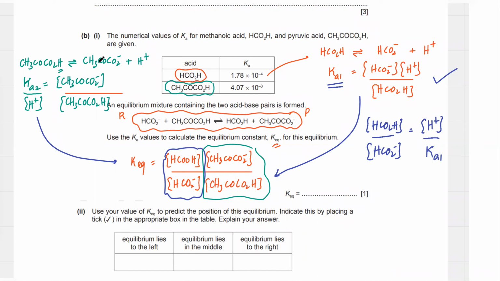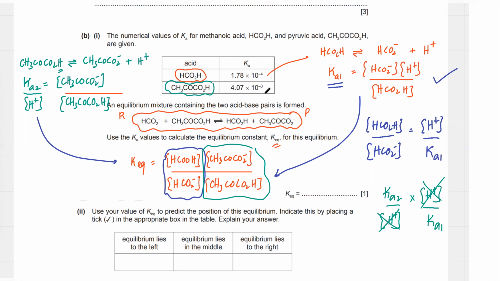So basically it's this expression getting multiplied by this expression. Your value becomes K2 divided by the H plus 1 concentration, multiplied by H plus 1 concentration divided by K1. The H plus 1 concentrations get cancelled out, and it's basically K2 divided by K1. So you just divide this value by this value.